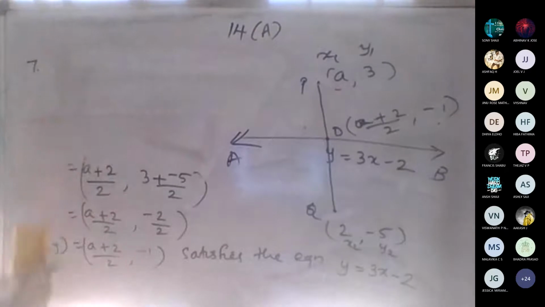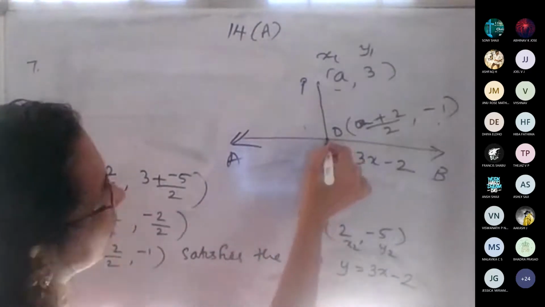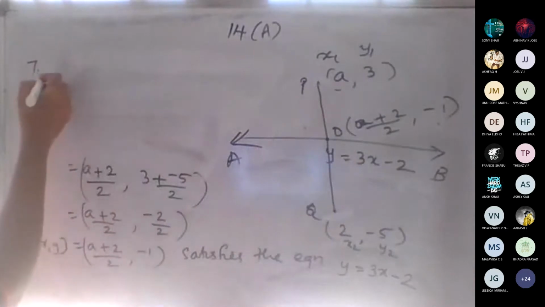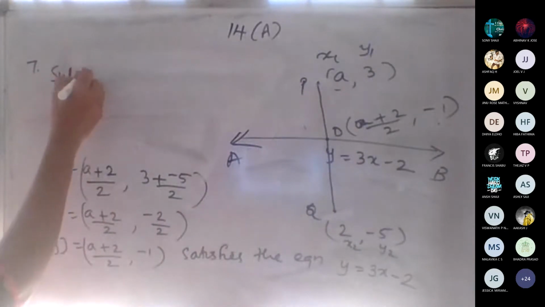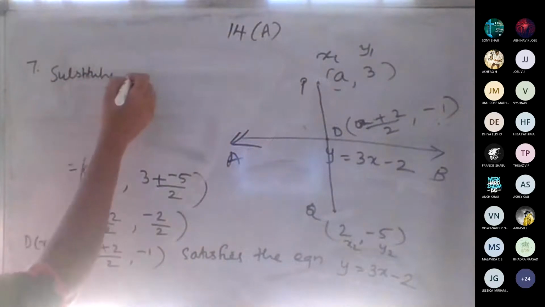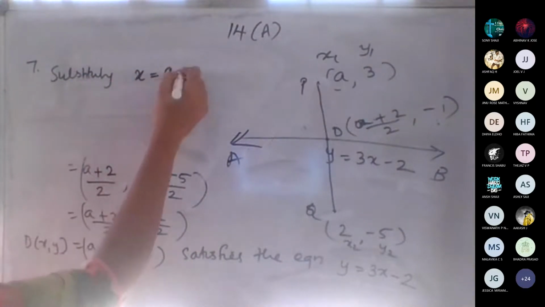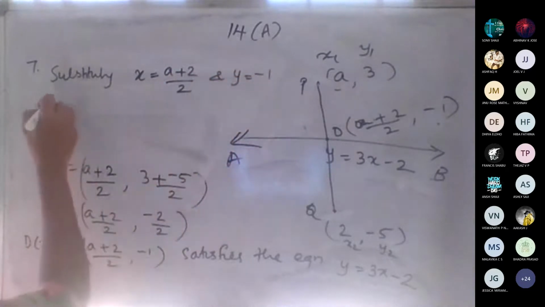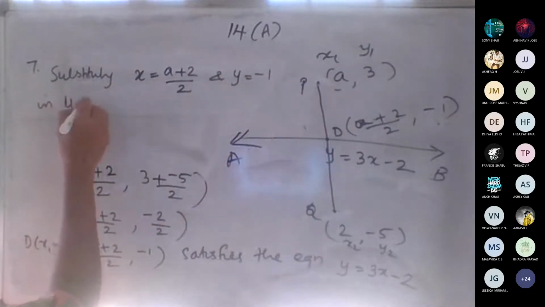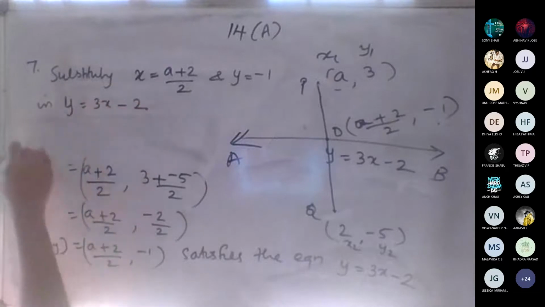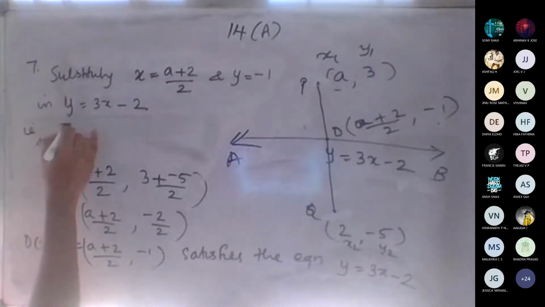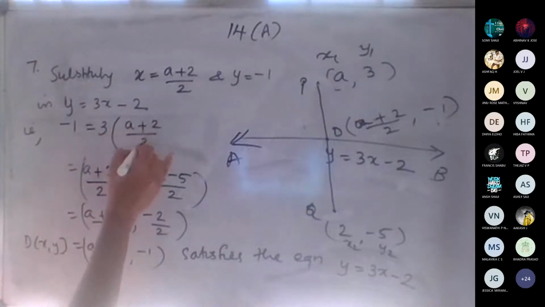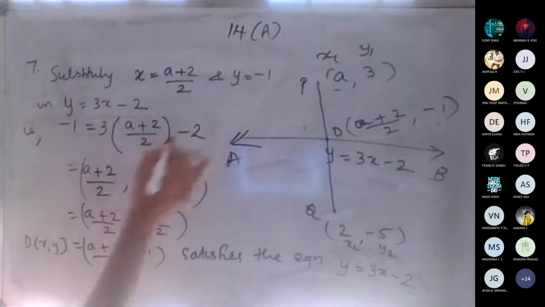Satisfies means it bisects, as given in the question. So substituting x is equal to (a plus 2) by 2 and y is equal to negative 1 in y is equal to 3x minus 2, that is negative 1 is equal to 3 into x, we can write it as (a plus 2) by 2, minus 2. Then find the value of a.